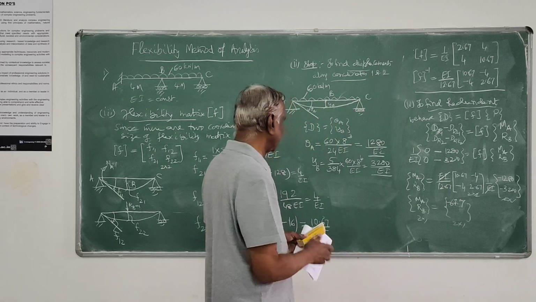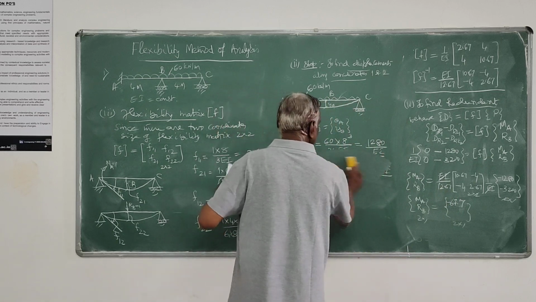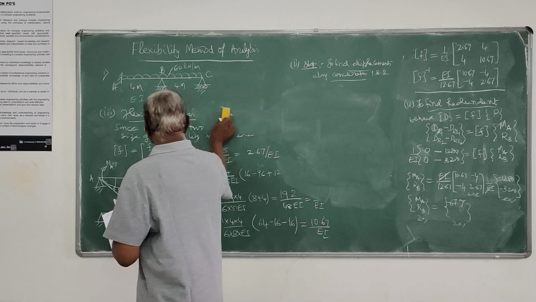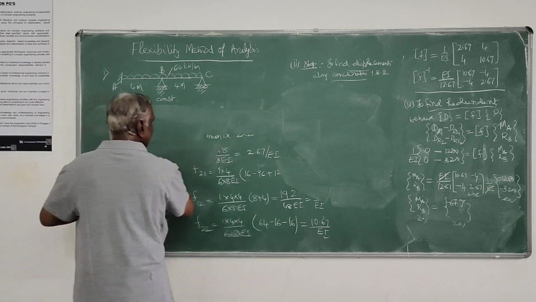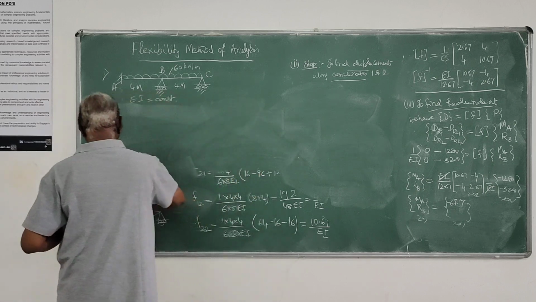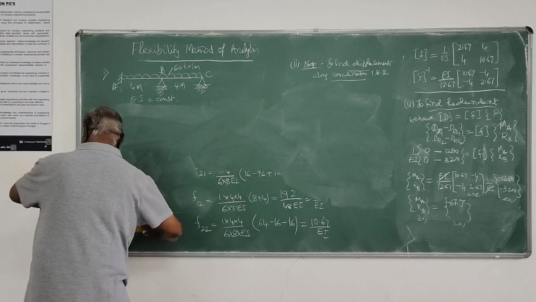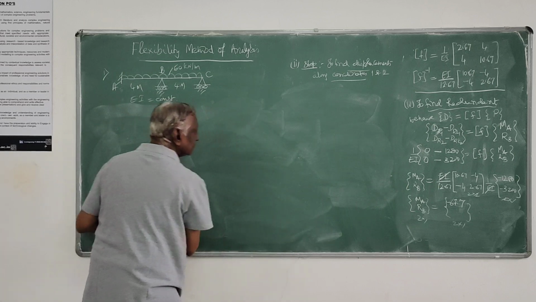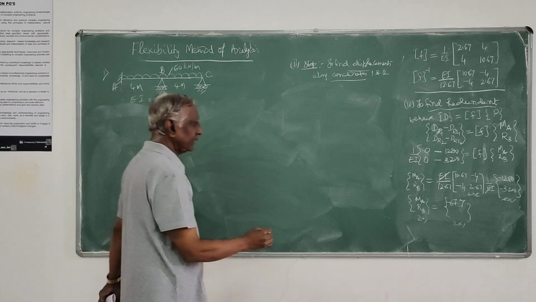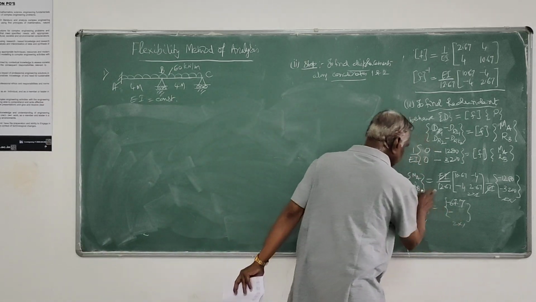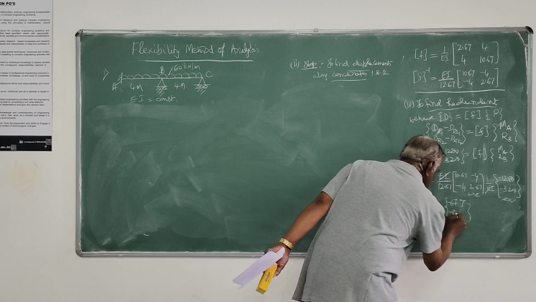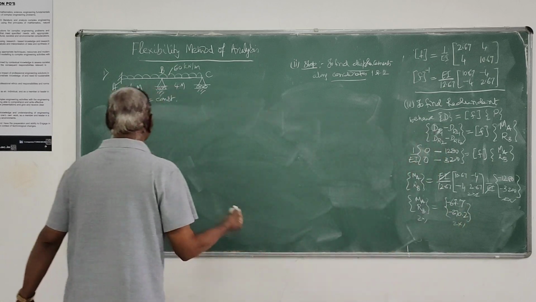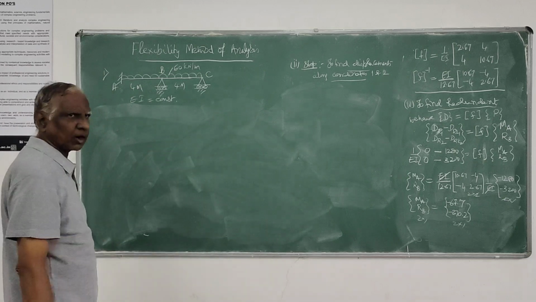You can simplify and you will get those redundant forces, minus 270.2. Those redundant forces you can substitute here, calculate the other reactions and then draw the bending moment diagram. That completes the problem.